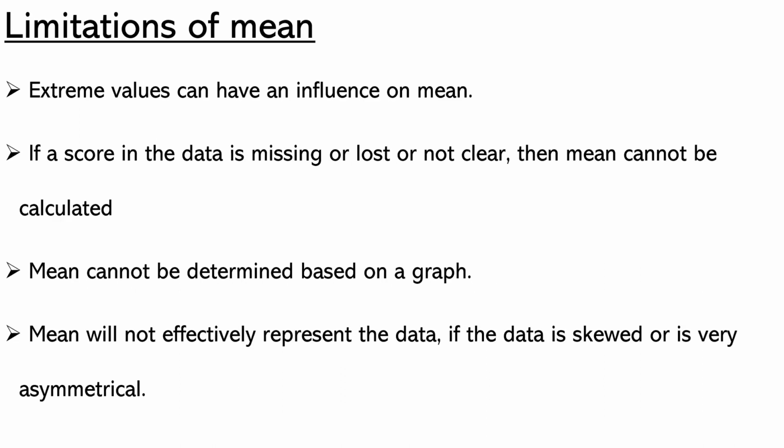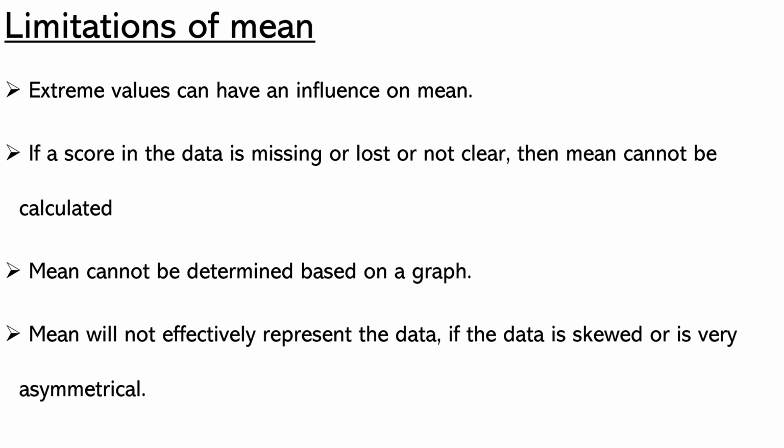Next one, limitations of mean. When you have extreme values or outliers, extreme values will have an influence on mean. If there are extreme values, definitely it will affect mean. So these are some drawbacks of mean.